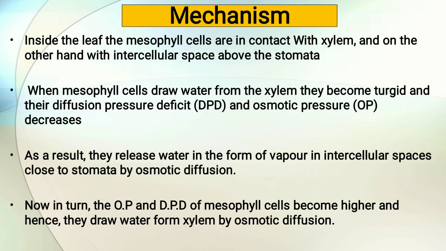As a result, they release water in the form of vapor into the intercellular spaces close to the stomata by osmotic diffusion. In turn, the osmotic pressure and diffusion pressure deficit of the mesophyll cells become higher, and hence they draw water from the xylem by osmotic diffusion.